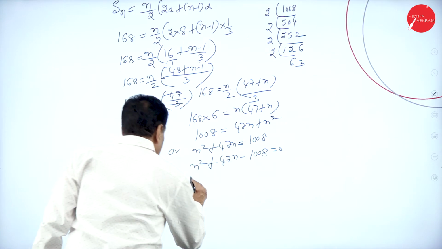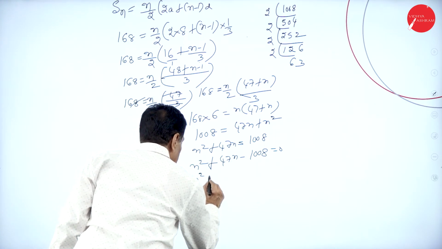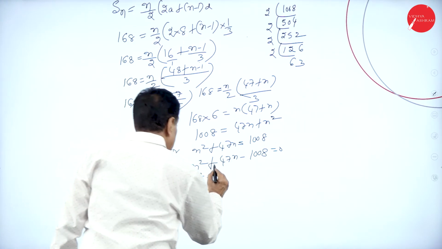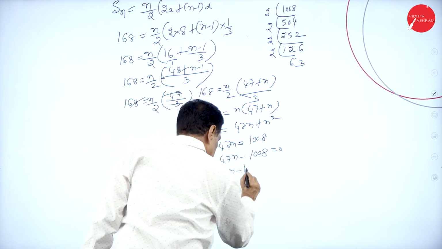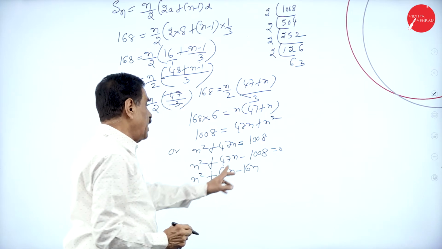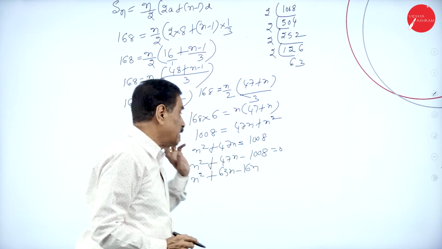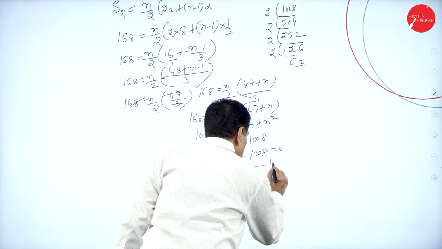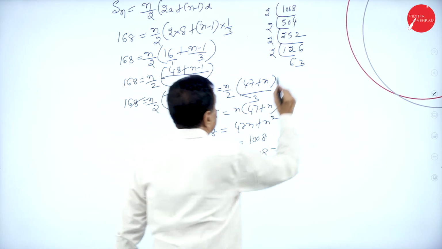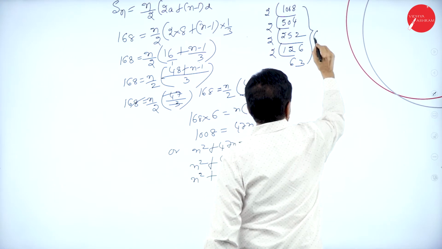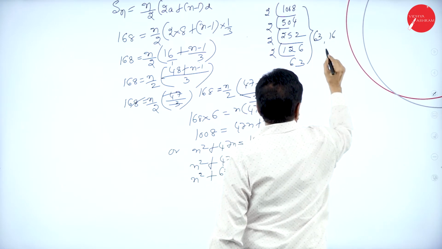You write it like this. N square plus 63n minus 16n. 63n minus 16n is 47n minus 1008 is equal to 0. I think the numbers are 63 and 16.